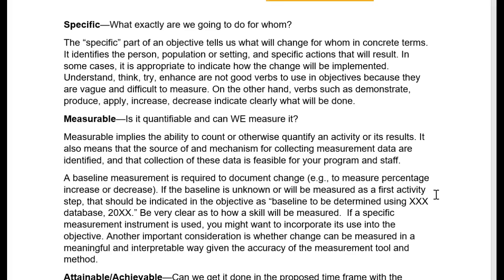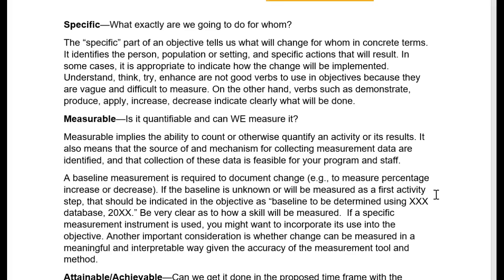I can say student will understand a reading passage, but it's very difficult for me to actually measure concretely whether or not he or she understands. So I want to use verbs that are more specific. A lot of these are the kinds of words that come out of Bloom's taxonomy.